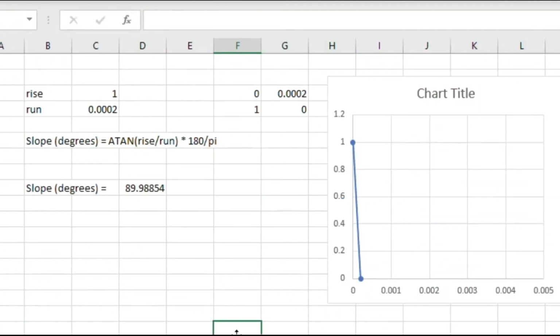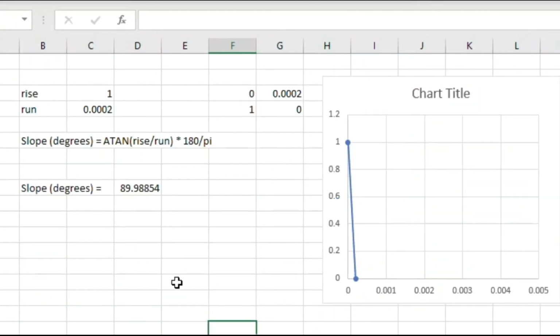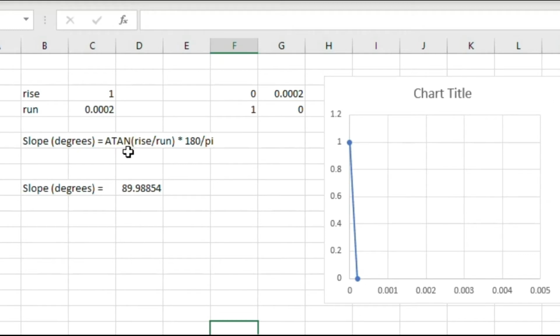So let's look at this in an Excel spreadsheet. We know that slope needs rise over run. Let's assume right now that our rise is 1 meter and our run in this case, because we're not looking at units, is 0.0002. The equation to calculate slopes in degrees is to take the arctan of rise over run, and because this results in radians, we have to adjust for that and go back to degrees.